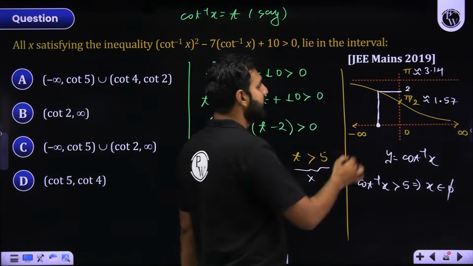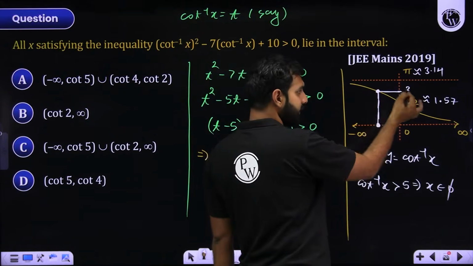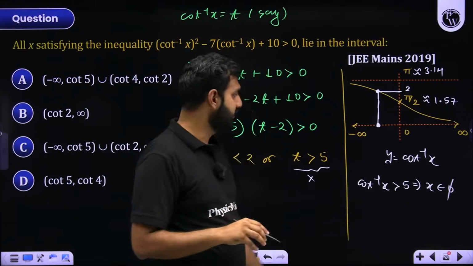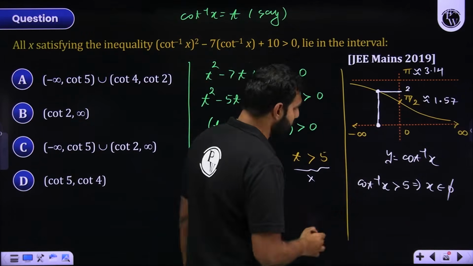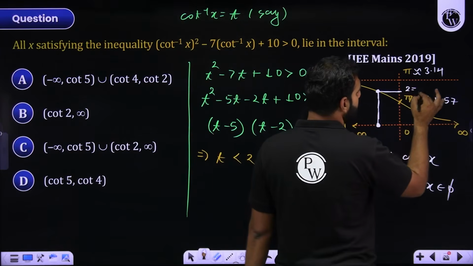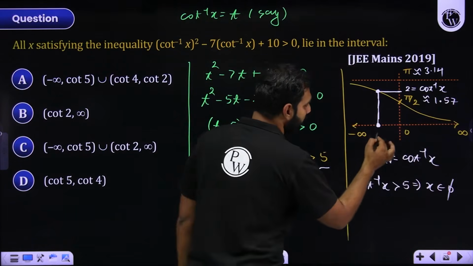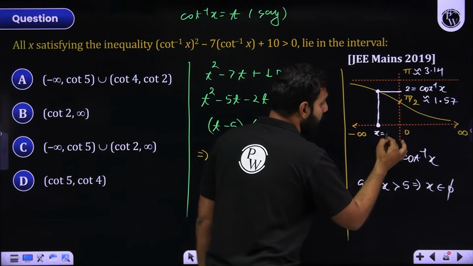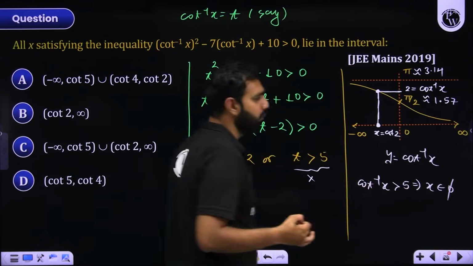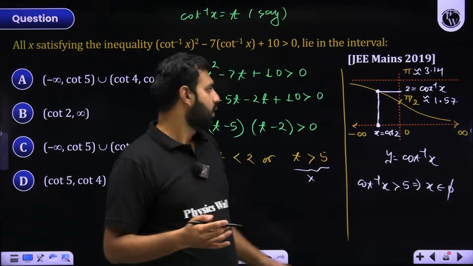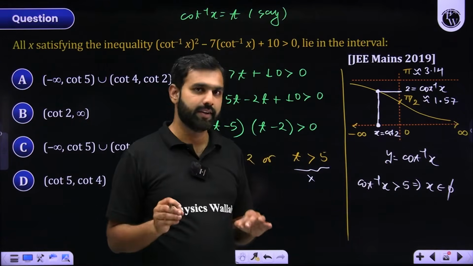This point, 2, is the value of cot inverse x. So if somebody says that 2 is the value of cot inverse x, what is going to be the value of x? The value of x is going to be cot 2. Did you get my point very clearly? There is no confusion on that.